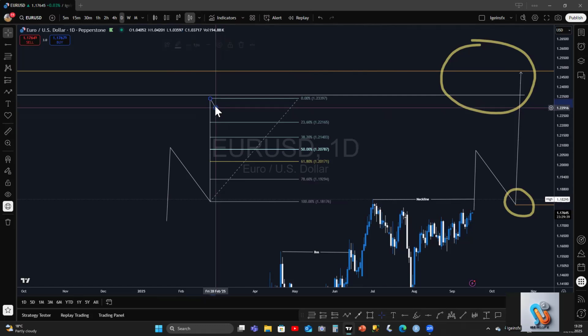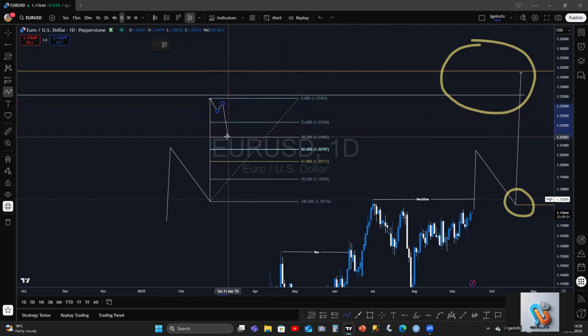You'll be waiting for price to now pull back. As it's coming like this, you have to change character before you start pushing down. It's normal. Like this, you now start pushing down, and you want to make sure price pulls below 50%.